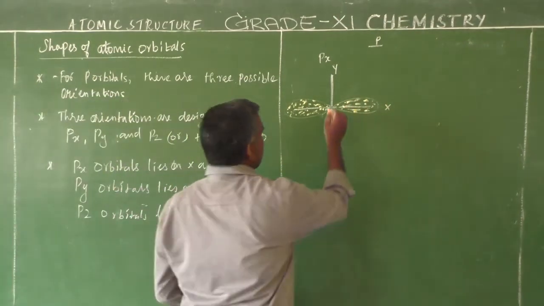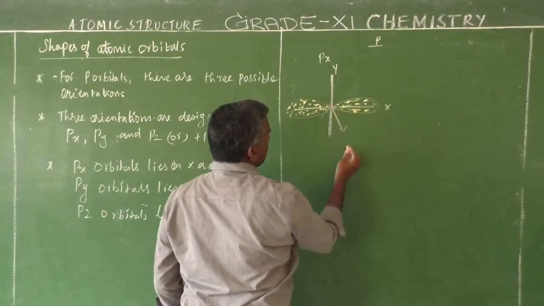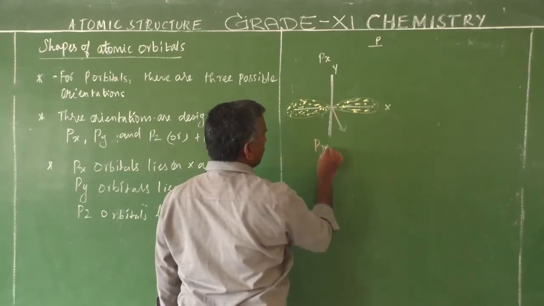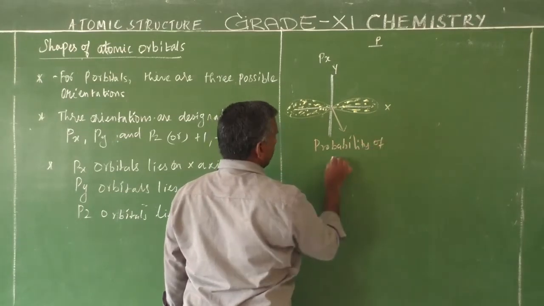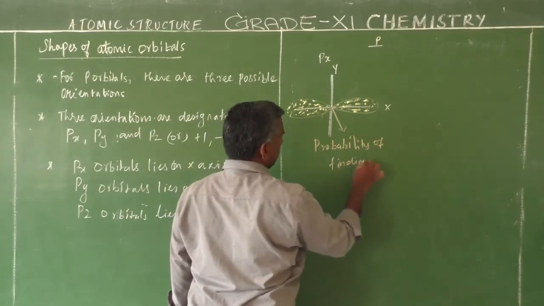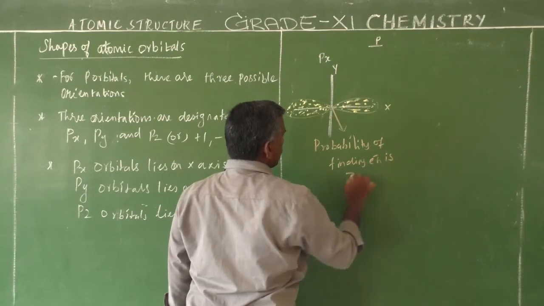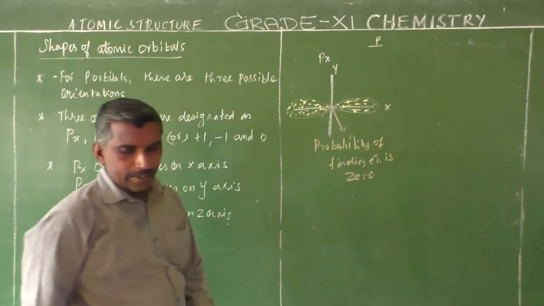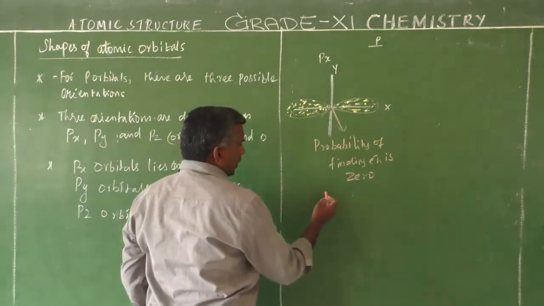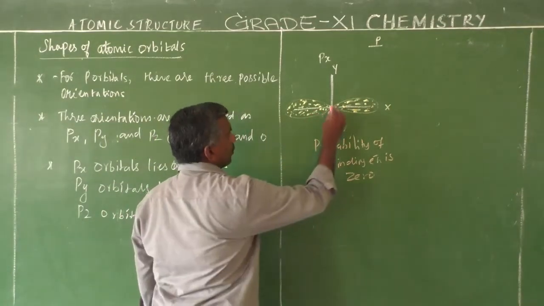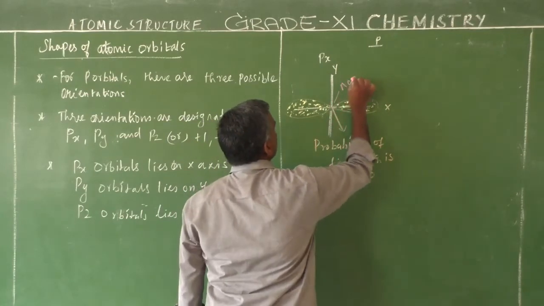So in this area, the probability of finding an electron is 0. So in this area, the electron is absent. This point is known as node.